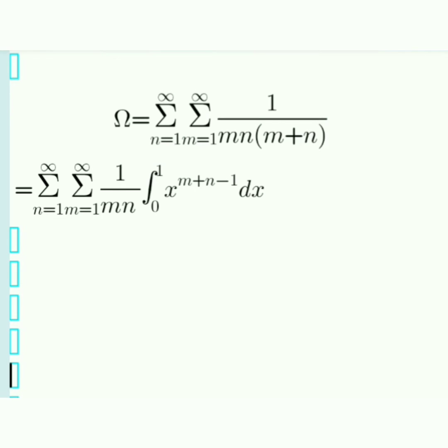Whatever you see, this value becomes 1 by m plus n, and it will be multiplied. So logically it is correct. I think it is no problem to understand for everyone. So now let's start again.